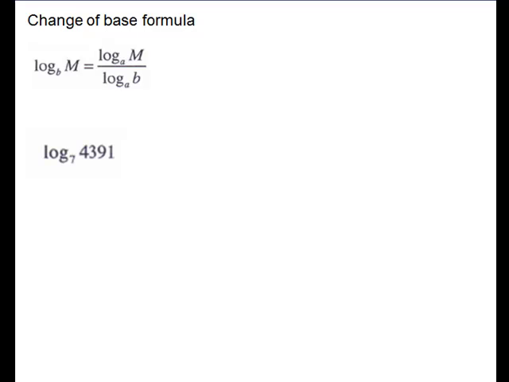So for our last problem, the log base 7 of 4,391 would be the log of 4,391 over the log of 7, and then you could go into your calculator.